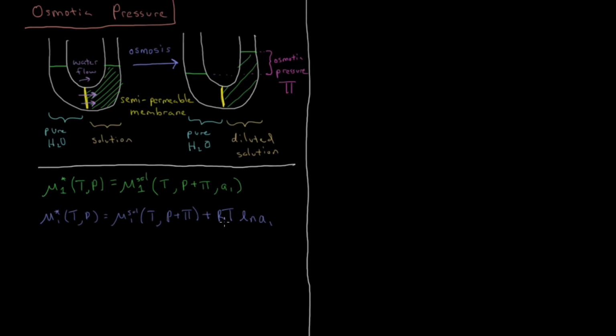So that comes from our expression for the chemical potential in a solution. So now we just need to figure out the difference in chemical potential in the water at the two different pressures.